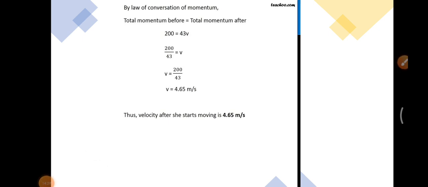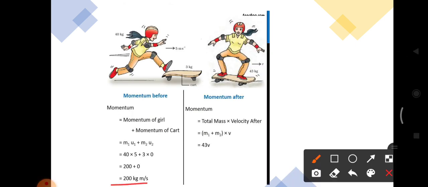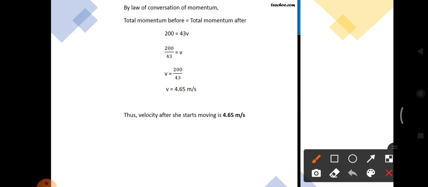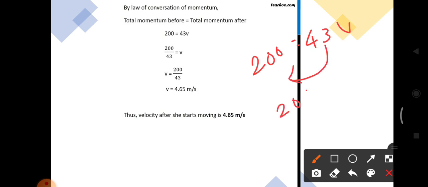By the law of conservation of momentum, the total momentum before equals the total momentum after. The total momentum before is 200, the total momentum after is 43 V. So 200 equals 43 V. When the 43 comes to the left side, 200 by 43 equals V. If you divide 200 by 43, we get 4.65 meter per second.